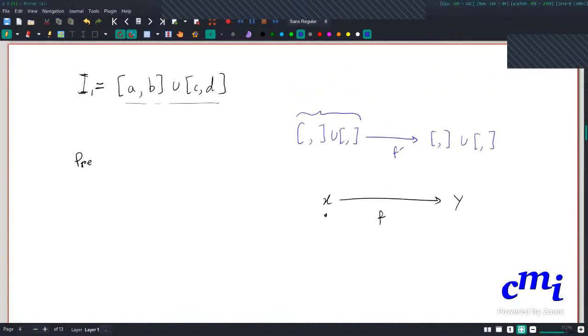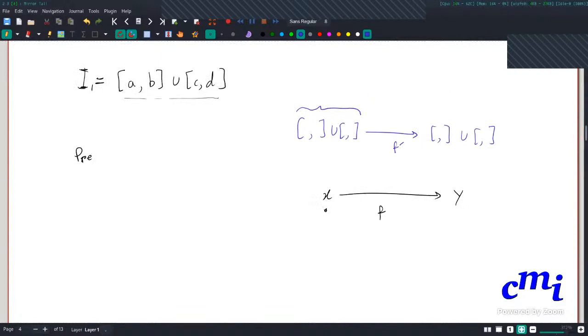Now remember that this I1 is now a union of two intervals. So F prime of I1 is going to be another union of two intervals.